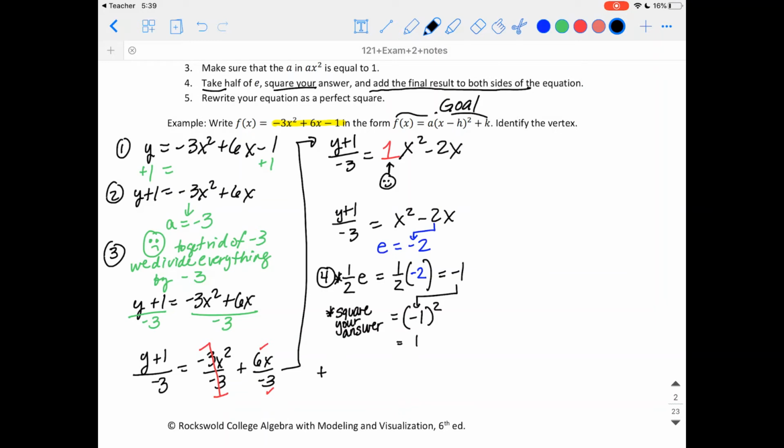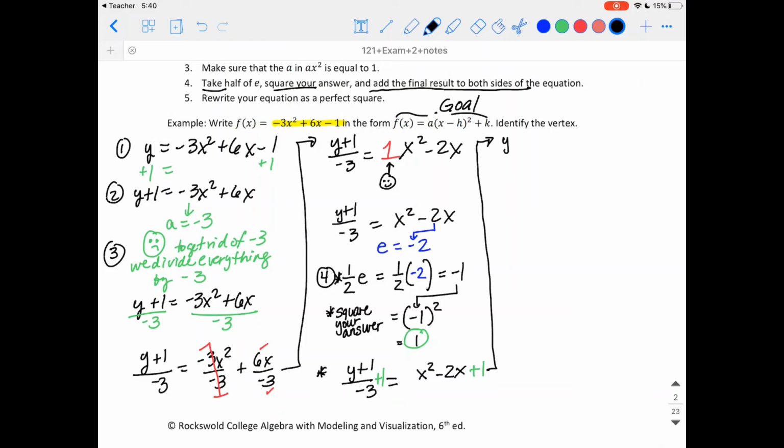Okay. So what was my original equation that I had so far? I had y plus 1 over negative 3 is equal to x squared minus 2x. And so I'm going to add the 1 to both sides of the equation. So this one right here, I'm going to add it here, and I'm going to add it here. All right, let's continue slowly here. So I'm going to rewrite this.